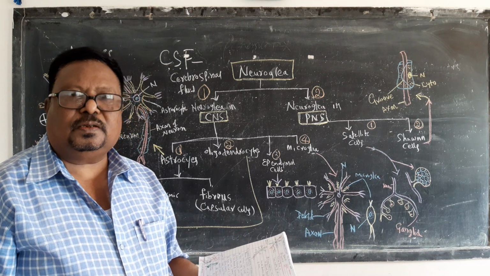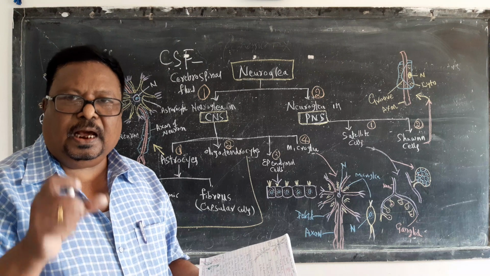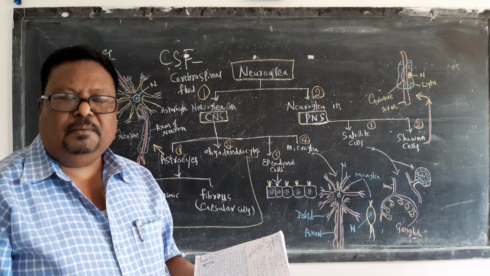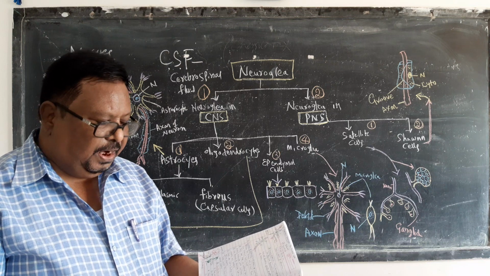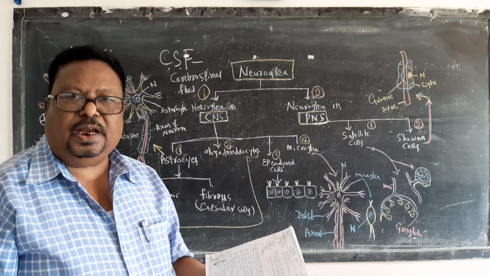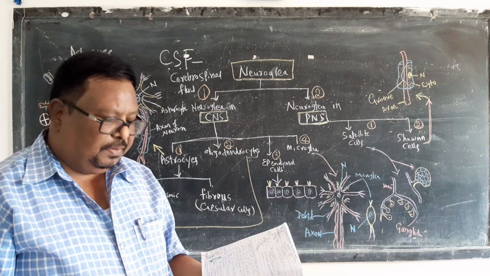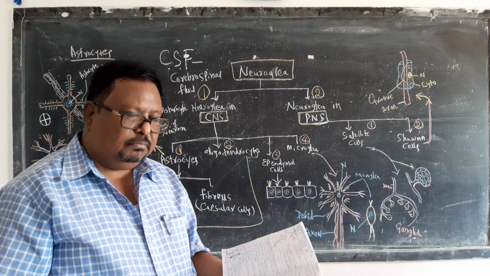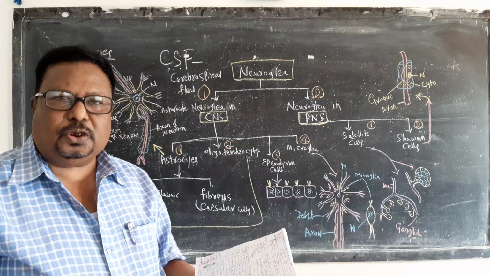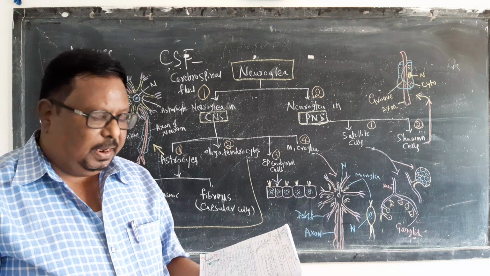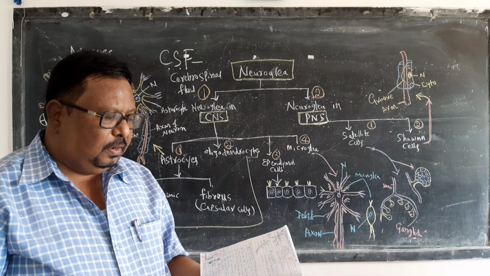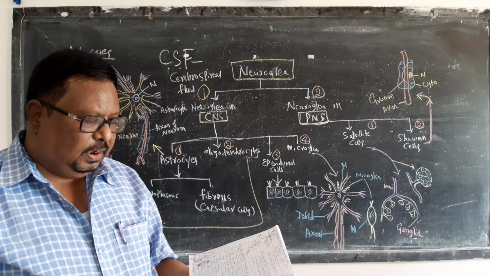And phagocytosis. Phagocytosis means they engulf the microorganisms or microbes which are present nearby. They fight with the microorganisms or materials which enter the nervous system. The outer microorganisms are engulfed by this type of neuroglia called microglia.